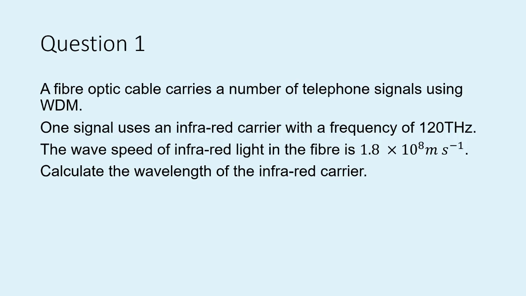Okay, in this first question, we're given the wave speed, so that's c, and we are given the frequency, and we're asked to work out the wavelength. So you should be thinking c is equal to f lambda. Lambda is therefore equal to the speed over the frequency. So that is 1.8 times 10 to the 8 divided by 120 terahertz. Obviously these values are much higher than what we're used to with digital.